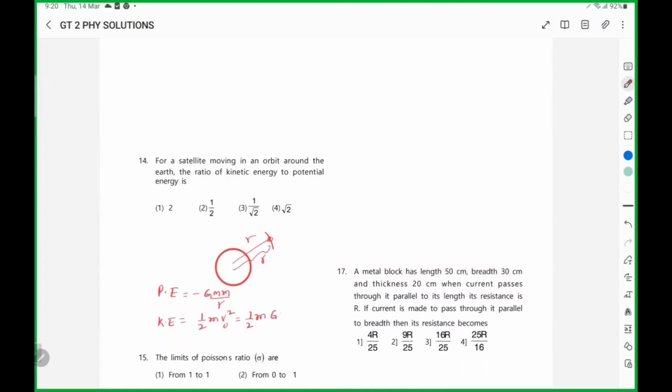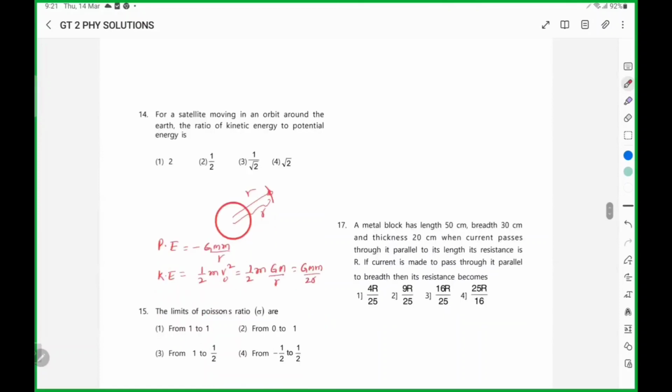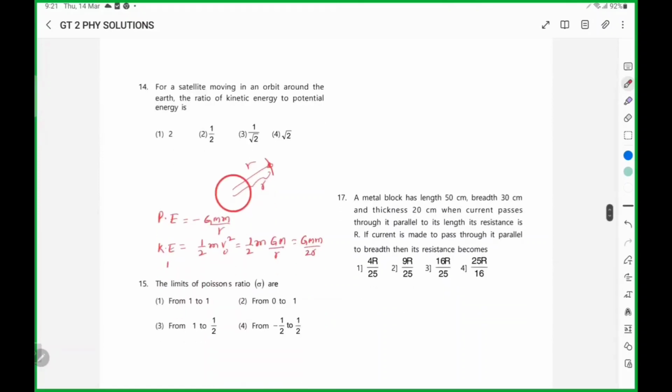Orbital velocity is root GM by r, so v square is GM by r. Here it is GMm by 2r. So kinetic energy to potential energy, magnitude wise, is half.